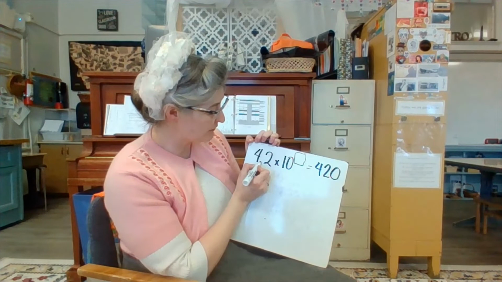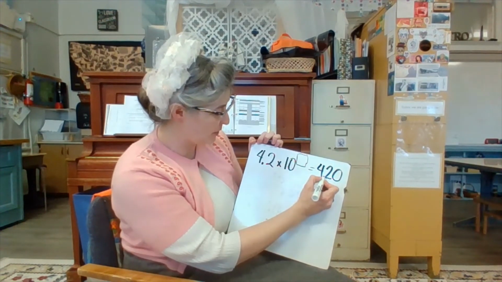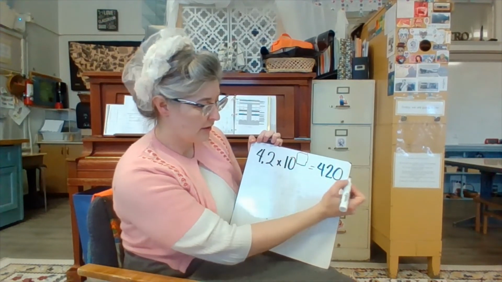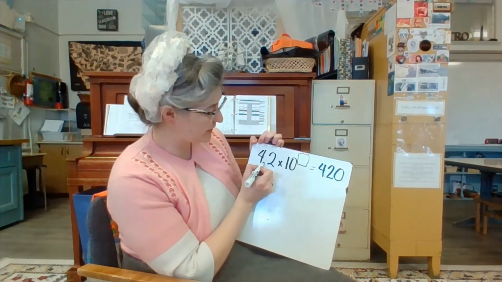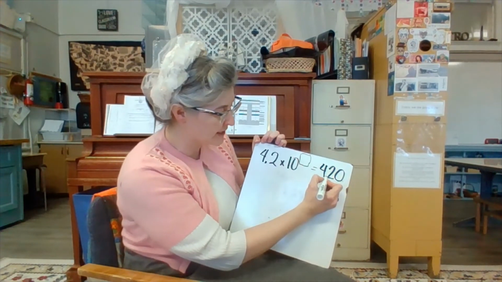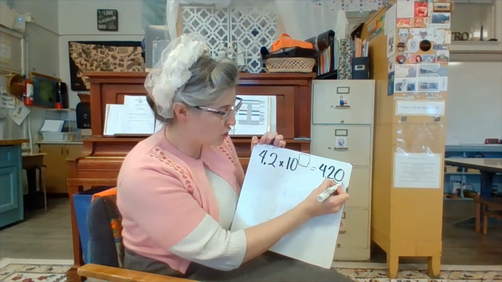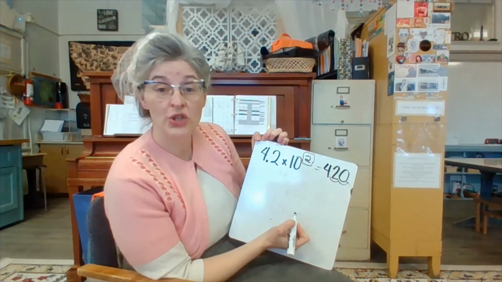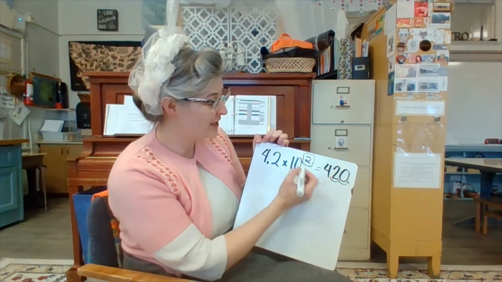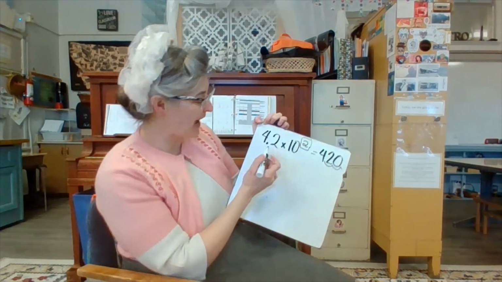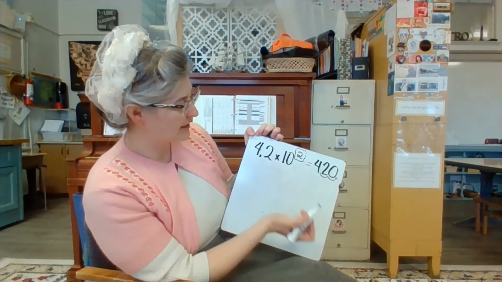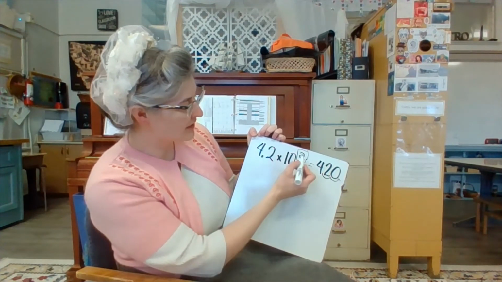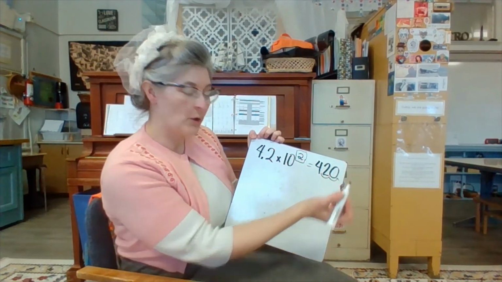So I'm going to figure out if I have to get my decimal point to here, so start here, end here. All right, that's 1, 2. Oh, it moved 2 place values, or 10 to the 2nd power. 4 and 2 tenths times 10 to the 2nd power is going to be 420.